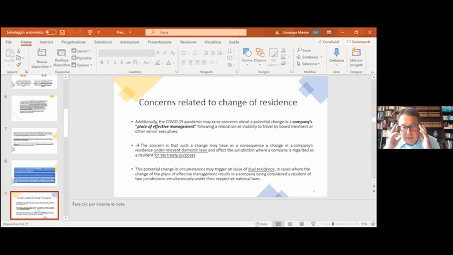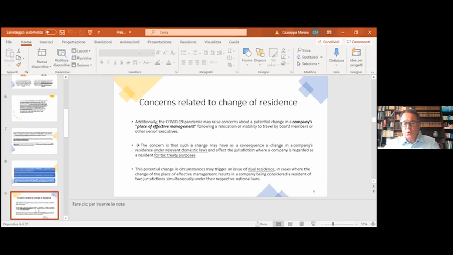Certainly, I do not see a great impact within large multinationals, but if we talk about the Italian multinationals, big companies where just the top corporation is represented by few people, that could be a problem.